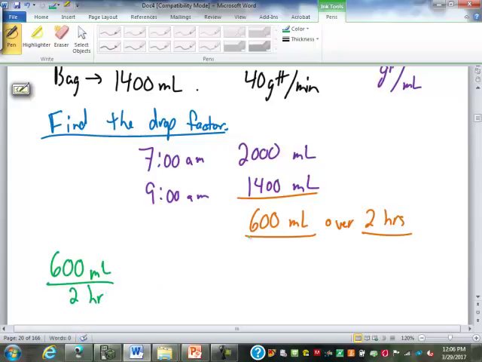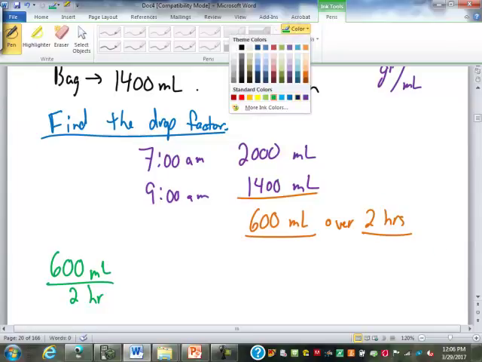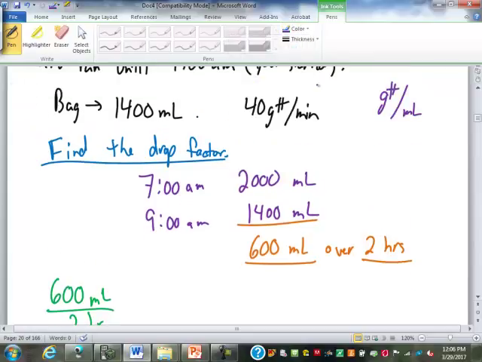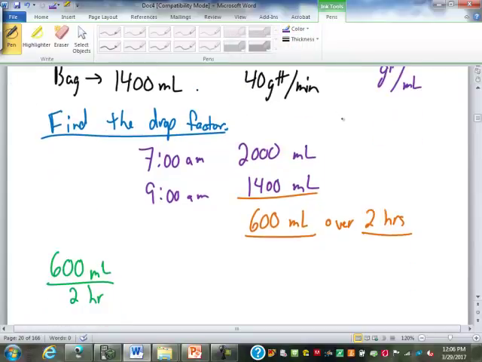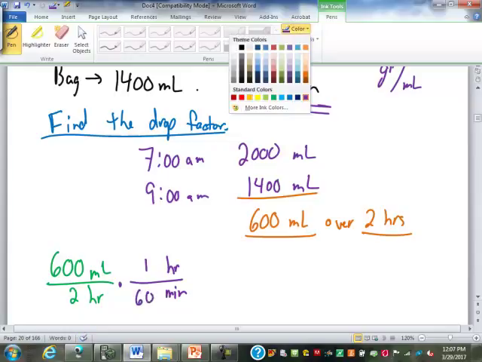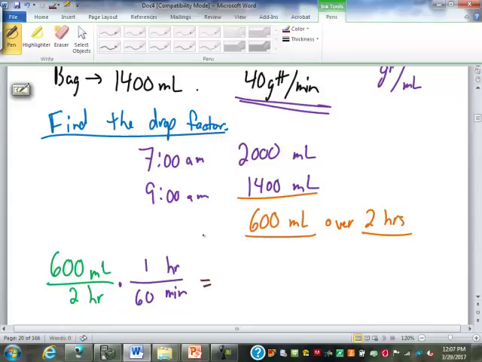So I'm going to start with that rate, 600 milliliters over 2 hours. We're going to see where it takes us. I do have the 40 drops per minute. So I'm going to convert hours here into minutes. 1 hour is 60 minutes. And what that's going to do for me here, the hours are gone. I'm going to cross cancel here, 60 and 600, both divided by 60, so that'll give me 10 and 1.